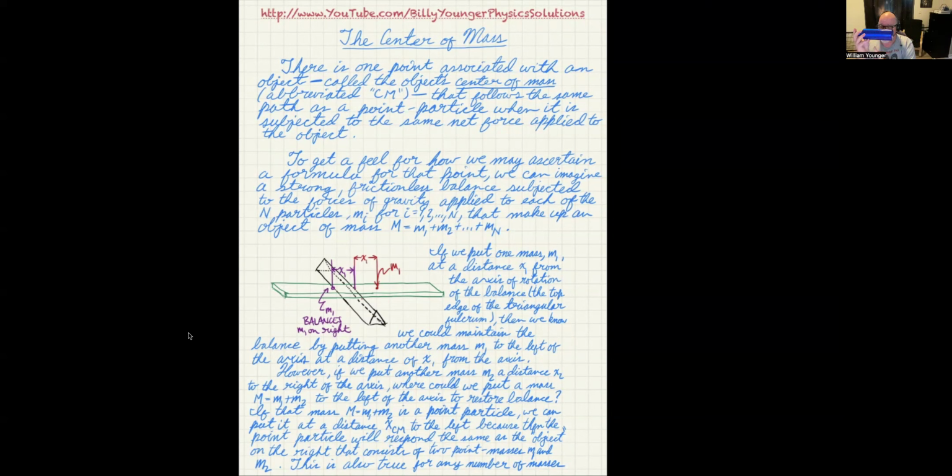It matters not only magnitude and direction, but also the location, because if I push up here, that's one thing. But if I push up here, that tends to rotate it. If I push up this way, that tends to rotate it the other way. If I push up on this end and down on this end, that's going to rotate it even more.